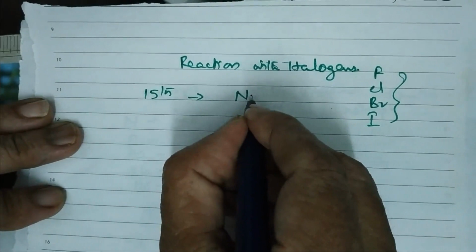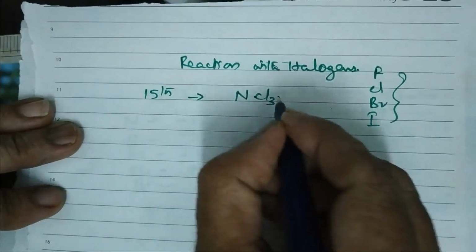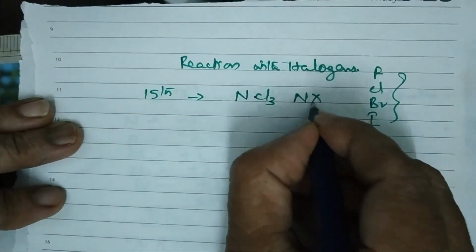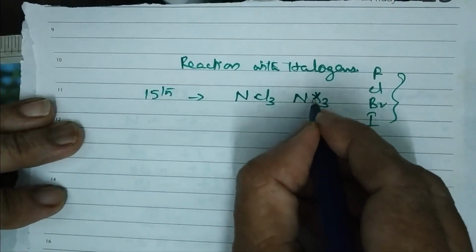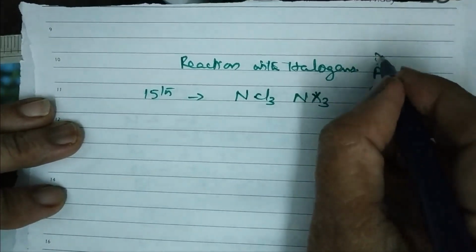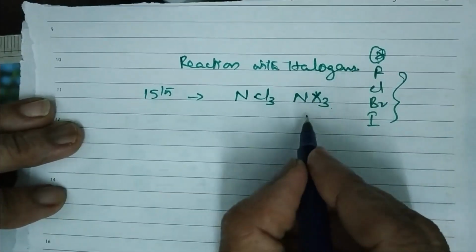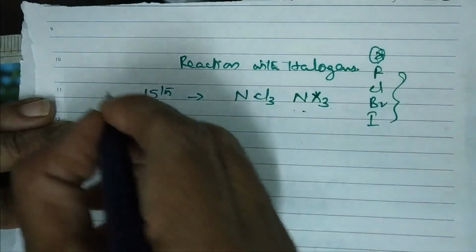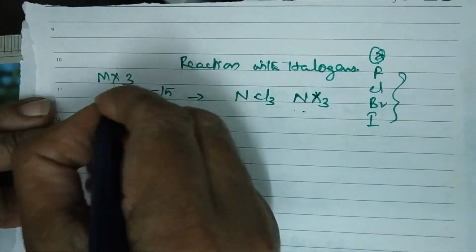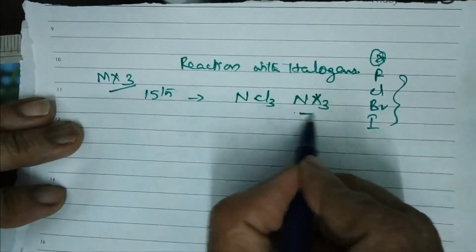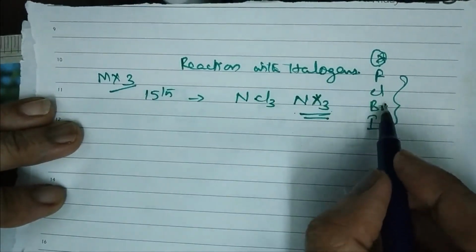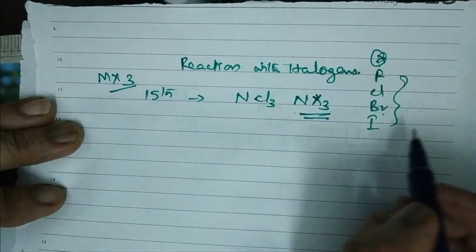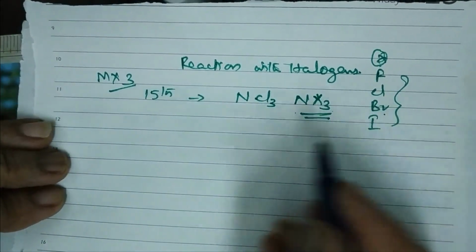nitrogen gives only NX3 containing halide, for example NCl3. X means halogen. So the general formula of the halides is MX3. Nitrogen gives NX3: NF3, NCl3, NBr3 and NI3. So that is about the nitrogen halides.